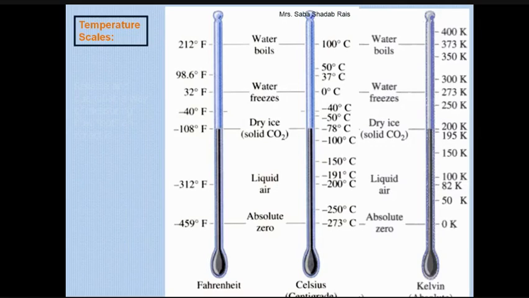Here I have marked 32. So at 32 degrees Fahrenheit water is freezing, and here is 0 degrees. So from 32 to 212, what is the difference between the two? It is the 180 degrees. The scale was established by the German Dutch physicist Gabriel Daniel Fahrenheit.